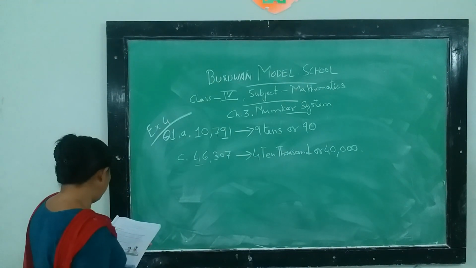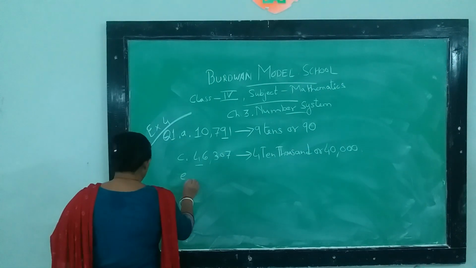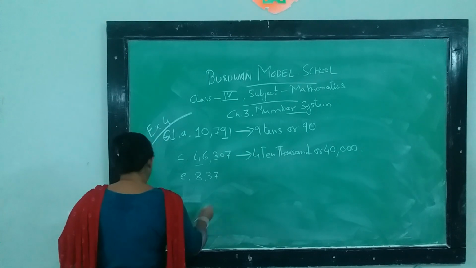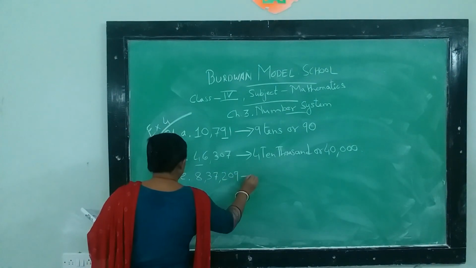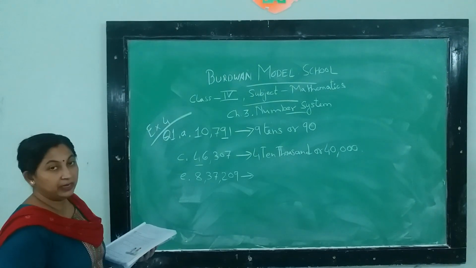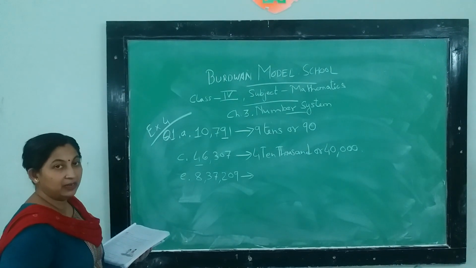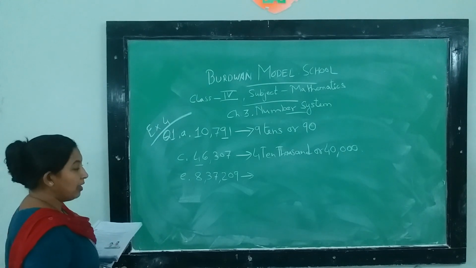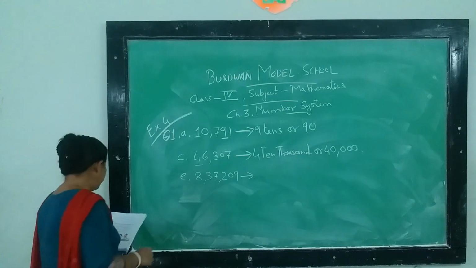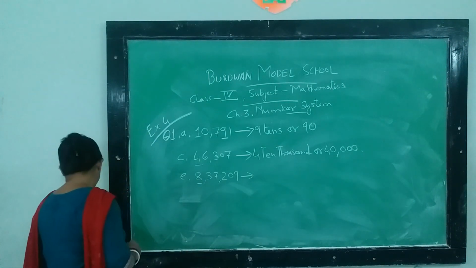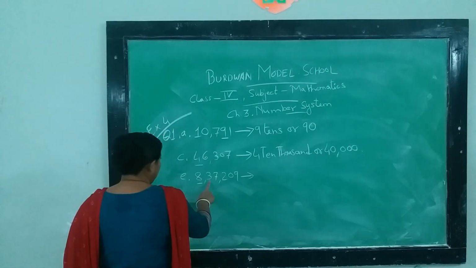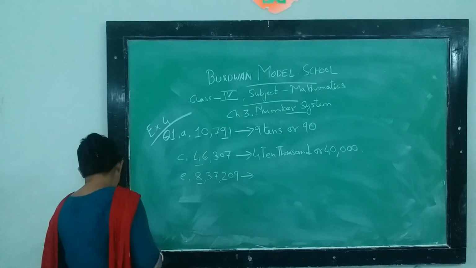Next, suppose we are doing number E. Number E is 8,37,209. See here the numbers are given in the Indian number system. The commas are given in the Indian number system. That's why you will answer in the Indian number system. For number E, the digit 8 is underlined. Now read from the back: ones, tens, hundred, thousand, 10,000, then 8 lakh.